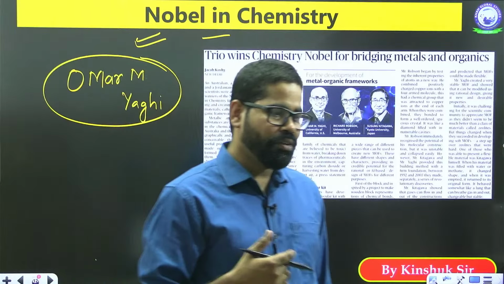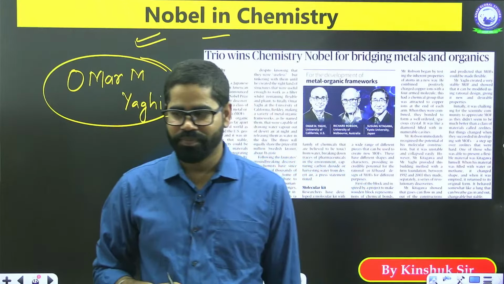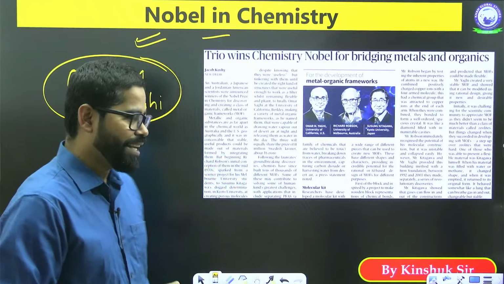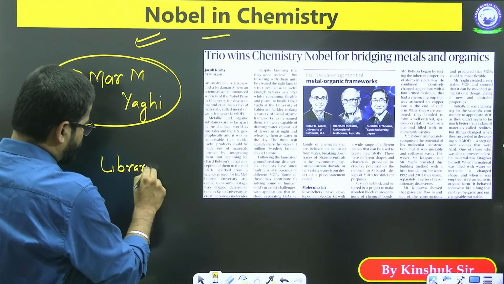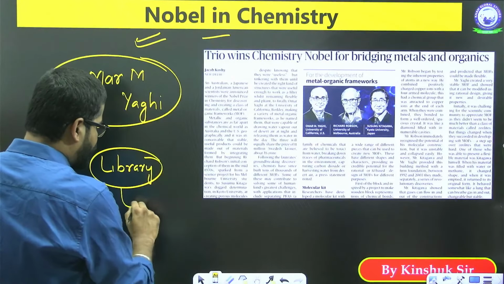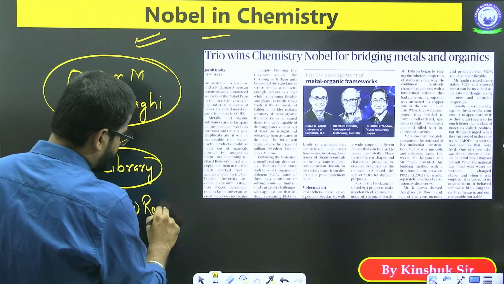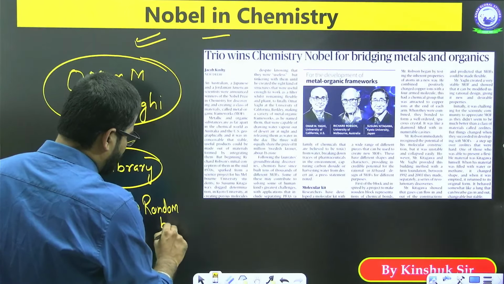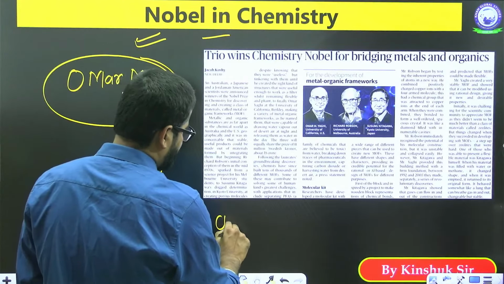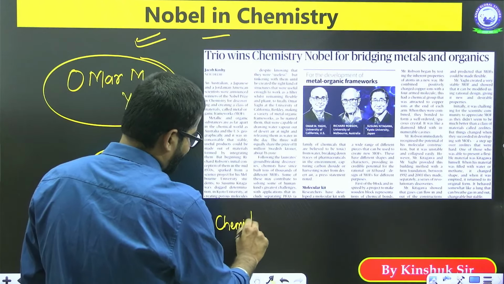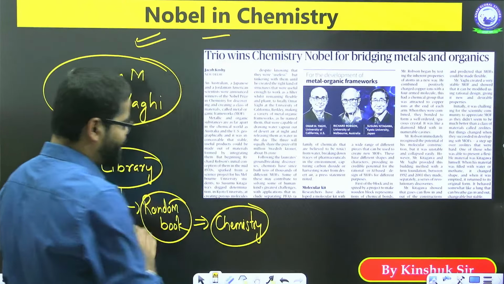And you know how he got interested in chemistry? One day he decided to go to the library and got a random book. That book was of chemistry, and he got interested.